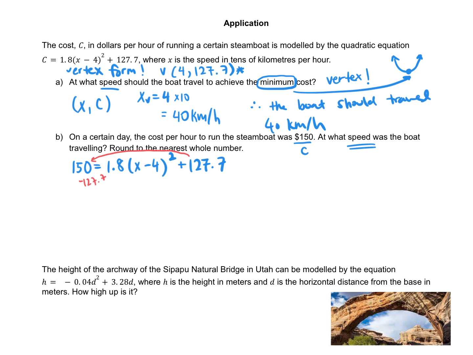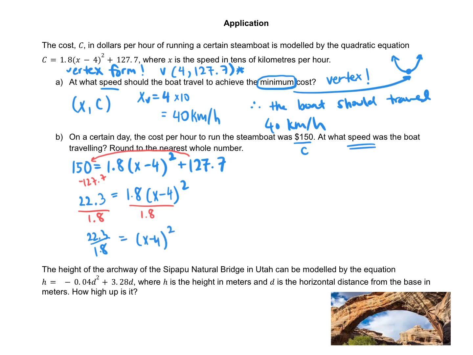And when we do that subtraction, we get 22.3. Next, we need to get rid of the term attached by multiplication, which is the 1.8. So I'm going to divide it out, opposite operations. And this is probably going to be some run on decimal, so I'm just going to keep it in its decimal form because I don't want to lose accuracy right away.